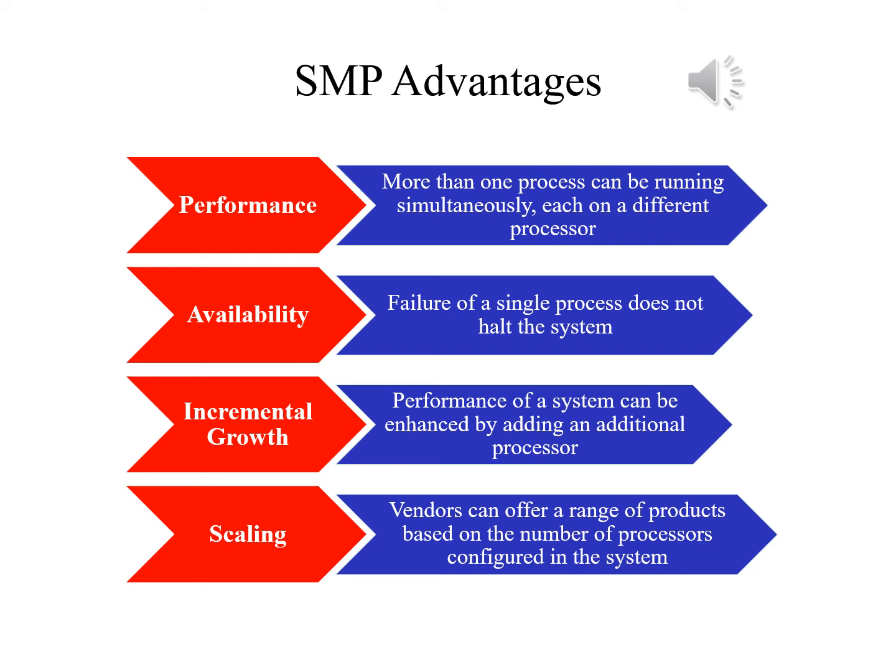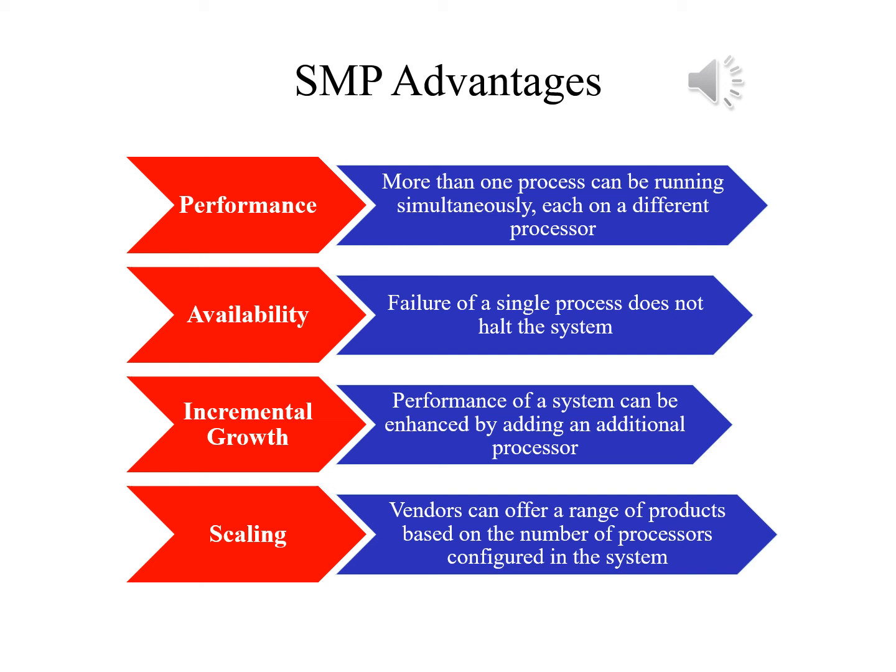Availability. In a symmetric multiprocessor, because all processors can perform the same functions, the failure of a single processor does not halt the system. Instead, the system can continue to function at reduced performance. Incremental growth. A user can enhance the performance of a system by adding an additional processor. Scaling.